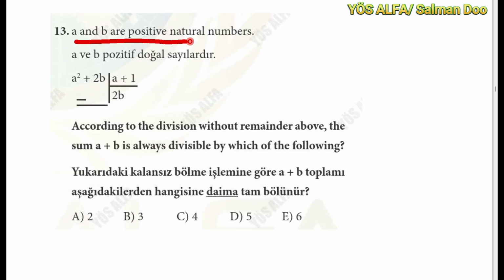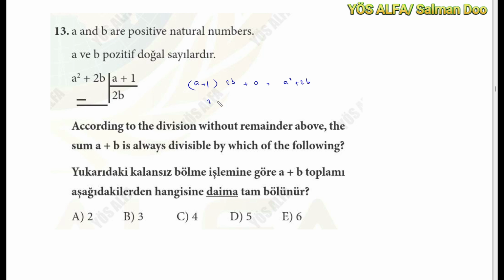13. A and b are positive natural numbers. According to the division without the remainder above, the sum a plus b is always divisible by which of the following? So from here, we can write down the relation, the multiplication of the divisor and the quotient plus the remainder is equal to the dividend.